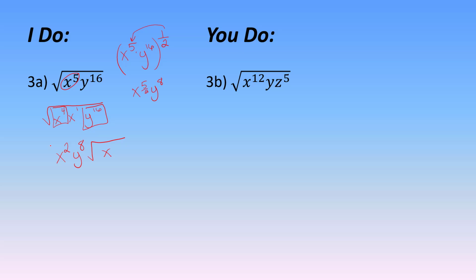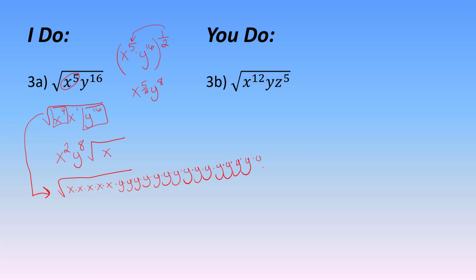Now, if you really need to, you can take this process and write it in expanded form. The square root of x times x times x times x times x, that's 5 x's, times y times y times y times y, and so on up to 16 y's.